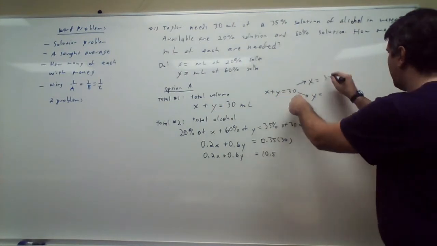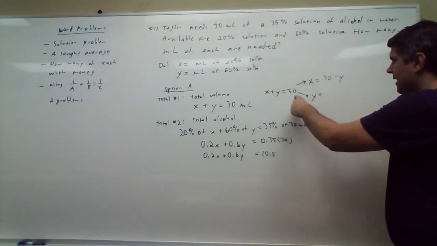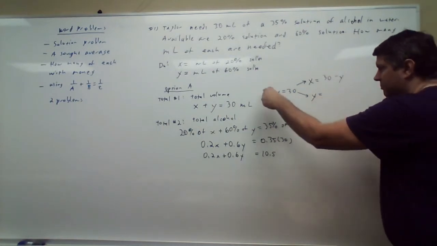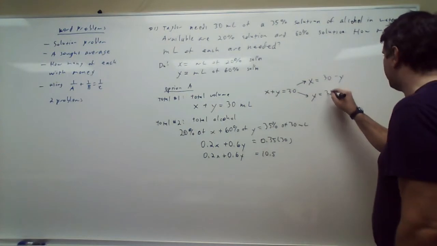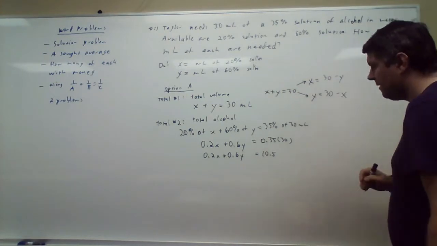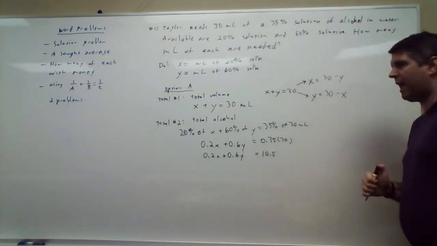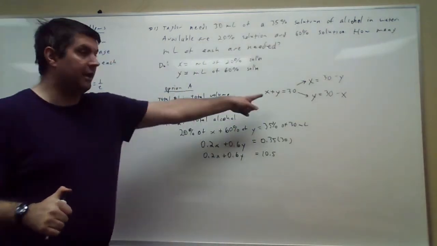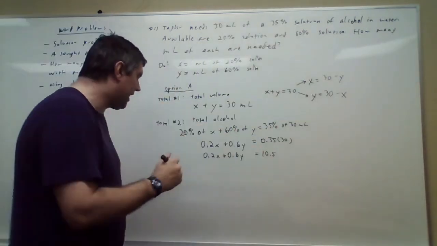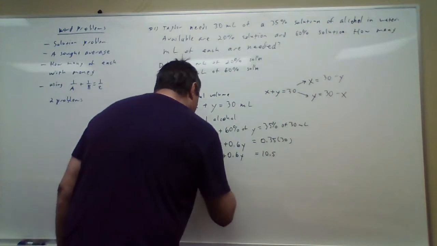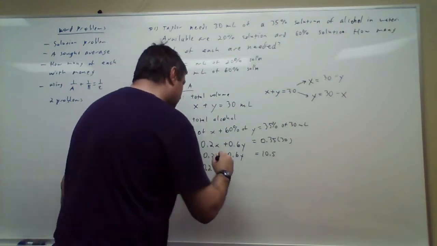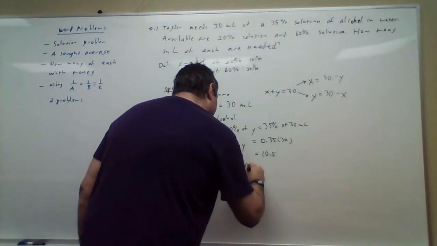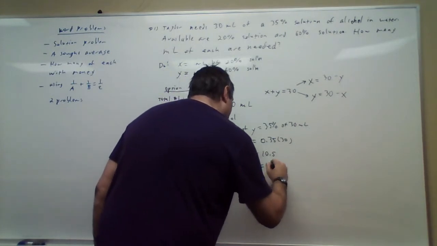So that's got to be 30 minus Y. If I want Y equals something, I'd subtract the X from this side and this side. So it'd be 30 minus X. So with option A, it doesn't matter which one you plug in. Okay? I could do 0.2 times 30 minus Y plus 0.6Y equals 10.5.